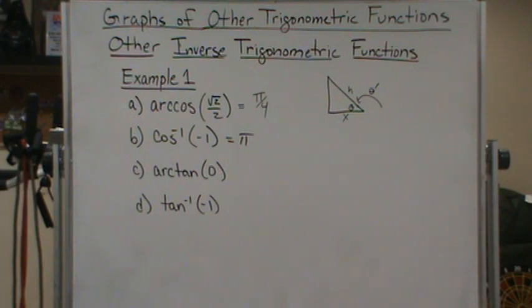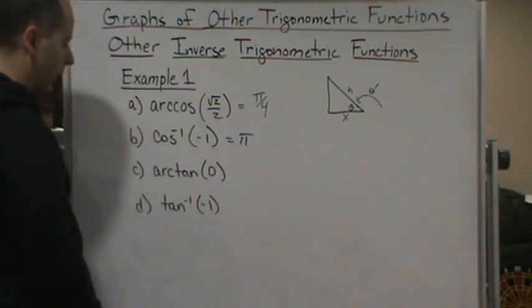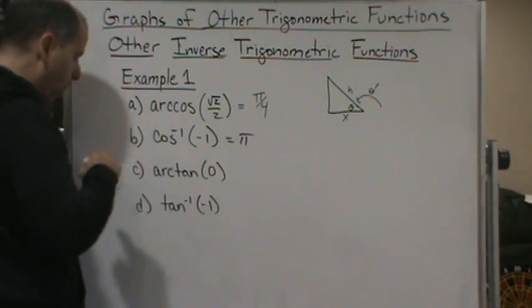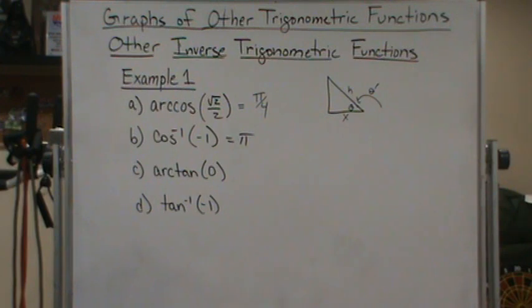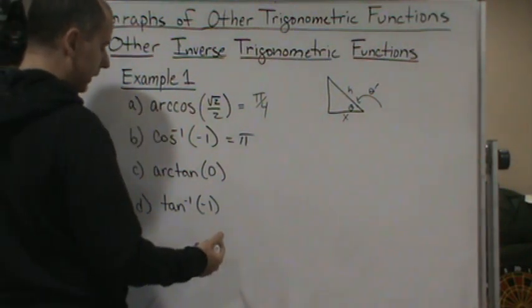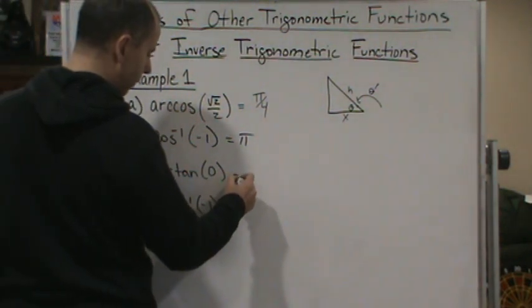Now, we know that the tangent of 0 is 0, and 0 does lie in the interval negative pi over 2 to pi over 2. So the tangent of what angle equals 0? Well, it's going to be 0.